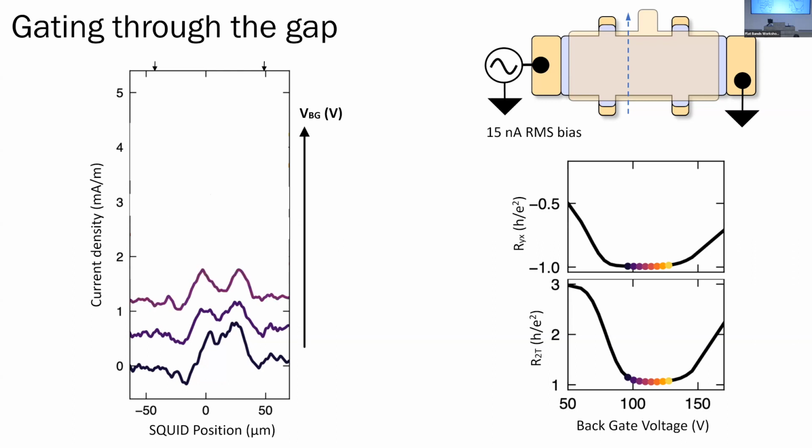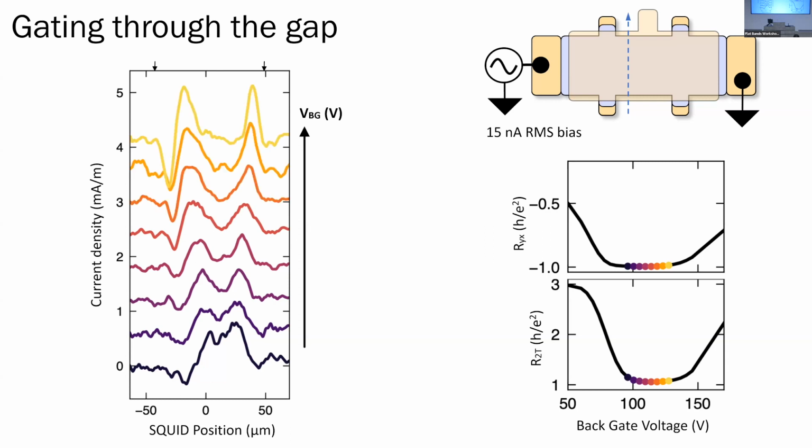As we tune the backgate voltage, things start changing a little bit. That current density seems to split into two halves and then gets squished towards the edges as we tune through the plateau. But sure, the current density profile changes as we tune through the gap. It's certainly true that in most of these traces, the current really flows in the bulk.